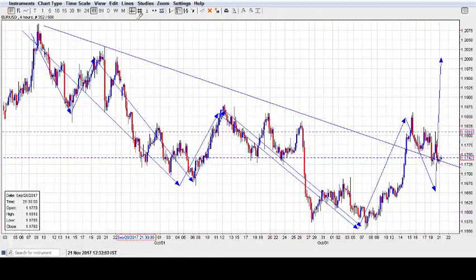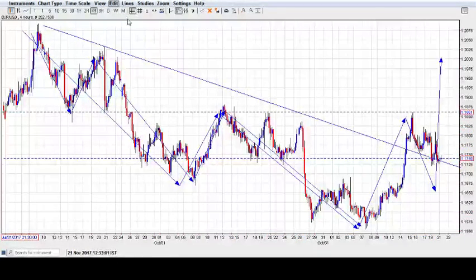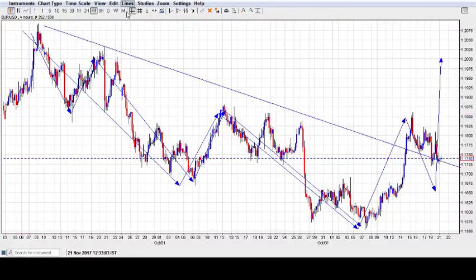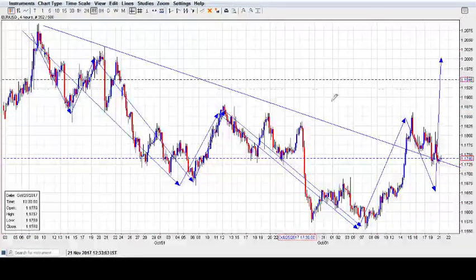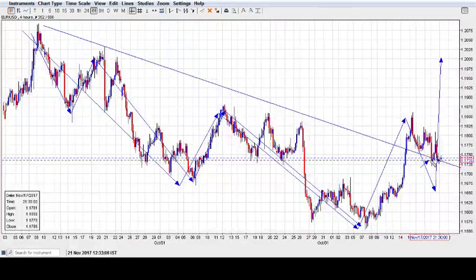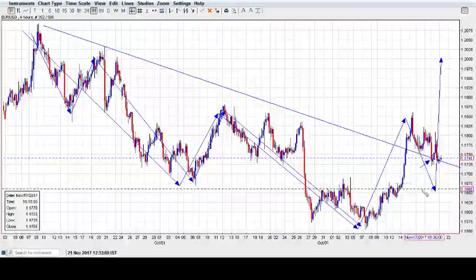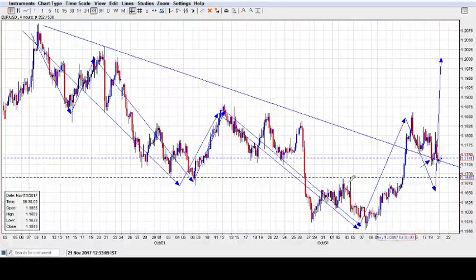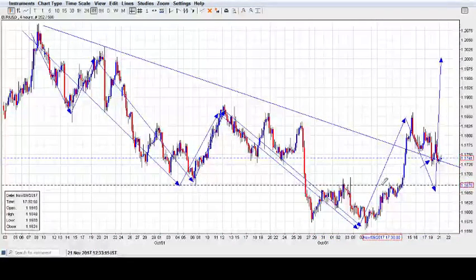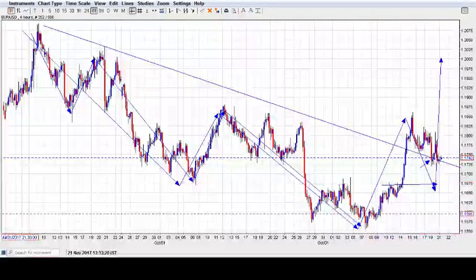In spite of the fact that euro looks to be bouncing right at the backside of the trend line, it should be more likely trying to test lower support levels, precisely somewhere around the 1670 mark.